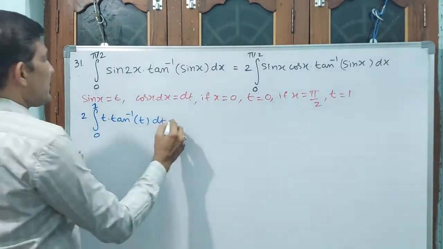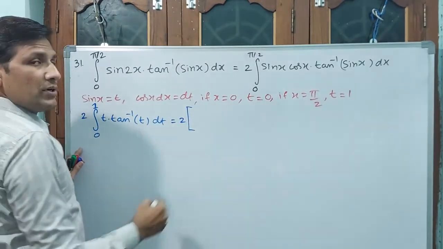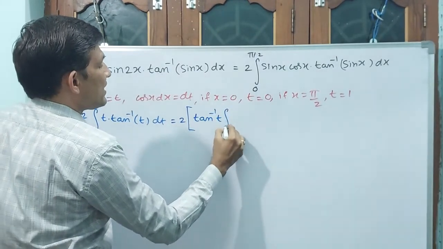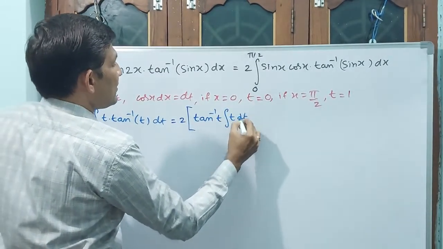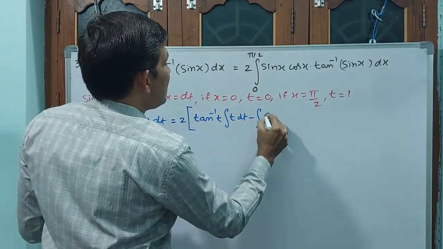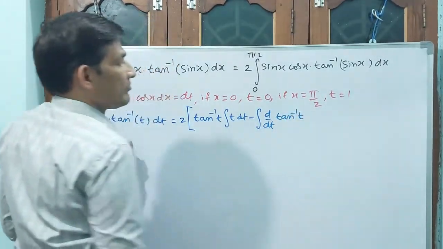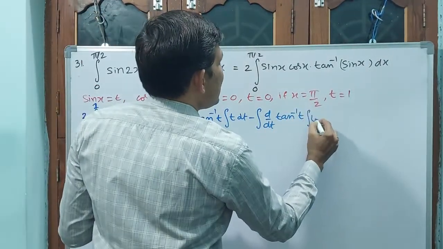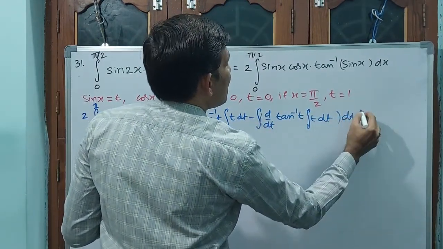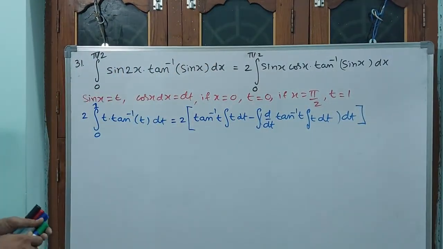That is equal to 2 times tan inverse t integral t dt, minus integral of d by dt of tan inverse t times integral t dt, whole dt, close the bracket. Why? Because of the 2 times of this.